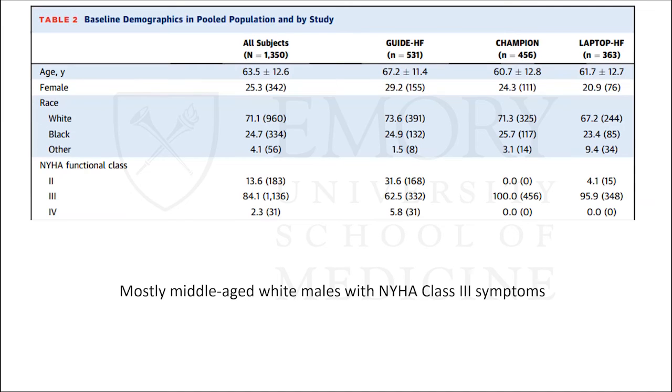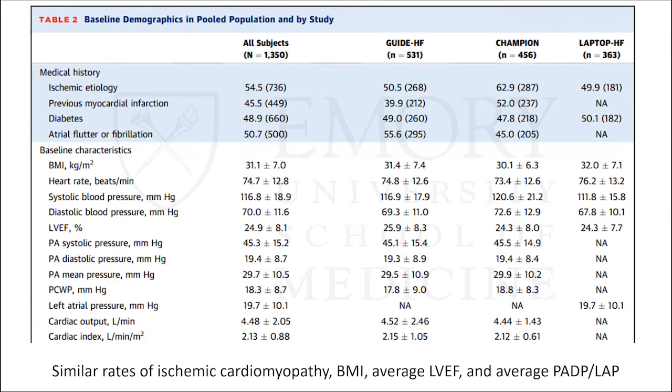and it's that group that they were able to generate this data from. So getting into the details of this patient level data and looking at the demographics, what we see is mostly a middle-aged white male with New York Heart Association Class 3 symptoms. There is 25% female enrollment and 25% Black enrollment. Looking at medical history and baseline characteristics, we see similar rates of about 50% of patients had ischemic etiology to their heart failure.